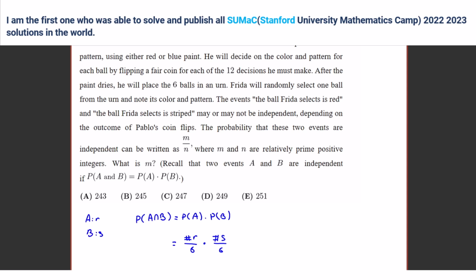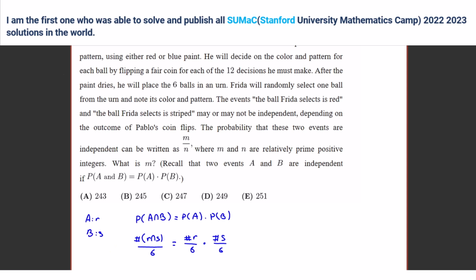Number of red stripes over 6. Yes, we can say R intersect S over 6, right?